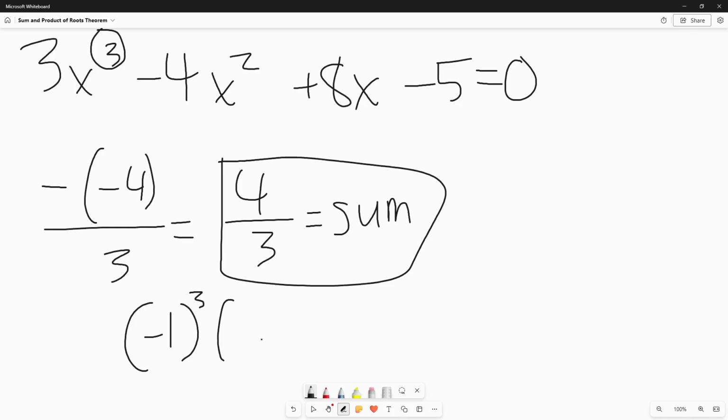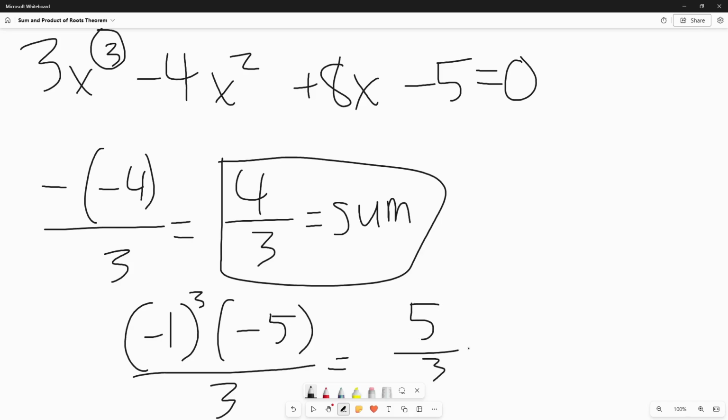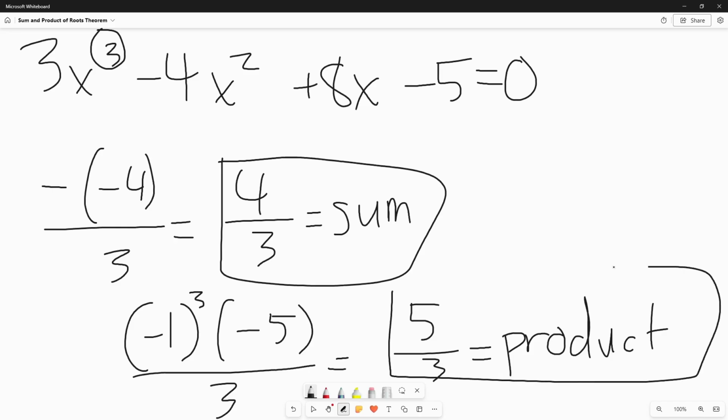And this one is negative 5, so negative 5 all over the leading coefficient, which is 3. And negative 1 to the power of 3 is negative 1, and negative 1 times negative 5 is just 5. So this is equal to 5 over 3, and that's the product. So pretty easy. We just use the sum and product theorems to find the sum and product of the roots of this equation.